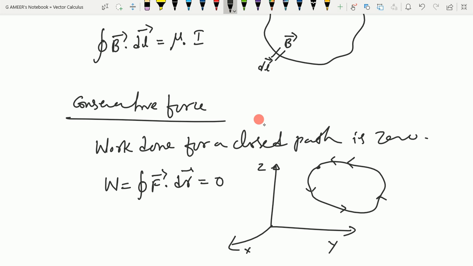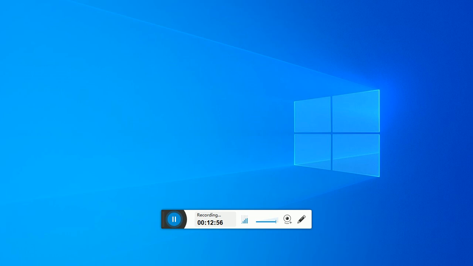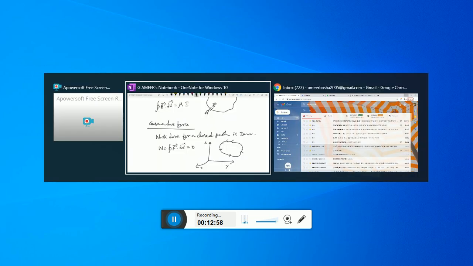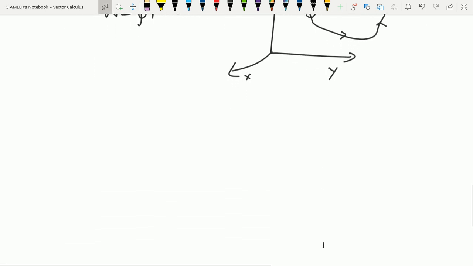Like this, many examples will be there in engineering and science. Okay, fine. So let us take some problems, then you will understand clearly what it actually is. Without problems, it is not possible for you to understand very clearly what the line integral is. Let us take some examples.